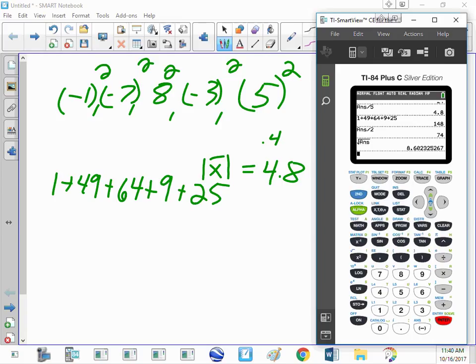Or wait, no, not divide by 2, sorry. We want 148 divided by 5. And then we take the square root of that. So in the root mean squared, instead of taking the absolute value, we square everything, and then we average it, and then we take the square root, and we end up with a number that's slightly larger than the absolute value average. Okay, that's called the root mean squared.